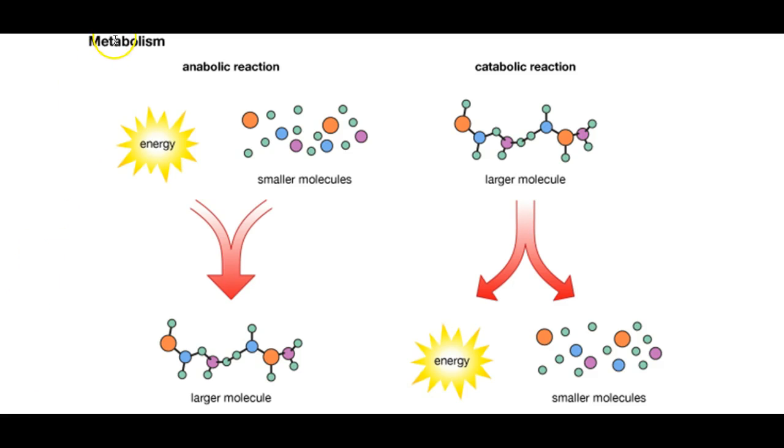So metabolism, again, is just all of the anabolic reactions and the catabolic reactions happening in living things all the time put together. That's what metabolism is. And so, again, for the anabolic reactions, we're going to put in some energy to take these molecules that are all separate and smaller and build them into something bigger. And in doing so, we are making something that is more ordered. In other words, we're decreasing the entropy of the universe.